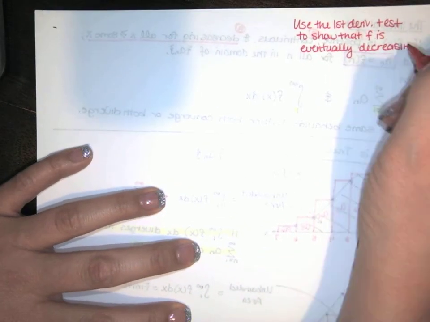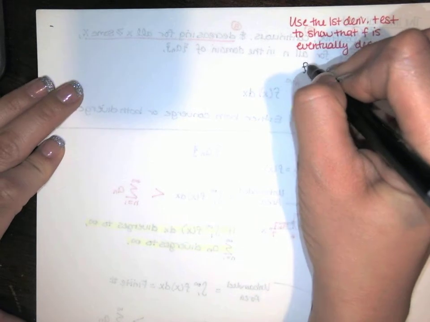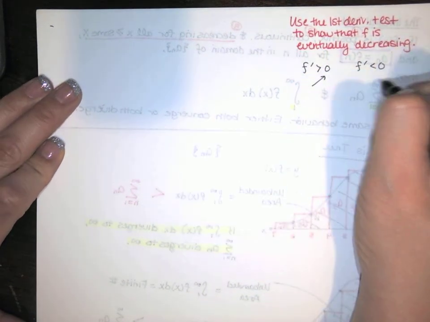Oops, sorry, that's off the screen. There we go. All right, and remember, if f prime is positive, it's going up. If f prime is negative, it's going down.